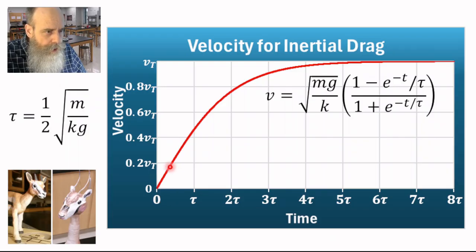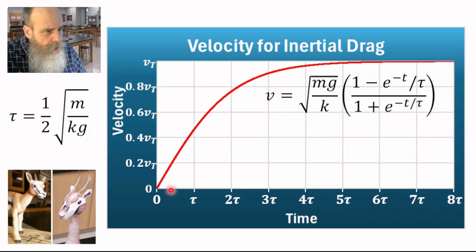As it increases, the slope of the tangent to the curve decreases, meaning the acceleration is decreasing. Eventually, the slope becomes 0, and the velocity reaches the terminal velocity vt, and that happens at about a time of 7 tau, whereas it was at 5 tau for the viscous drag.